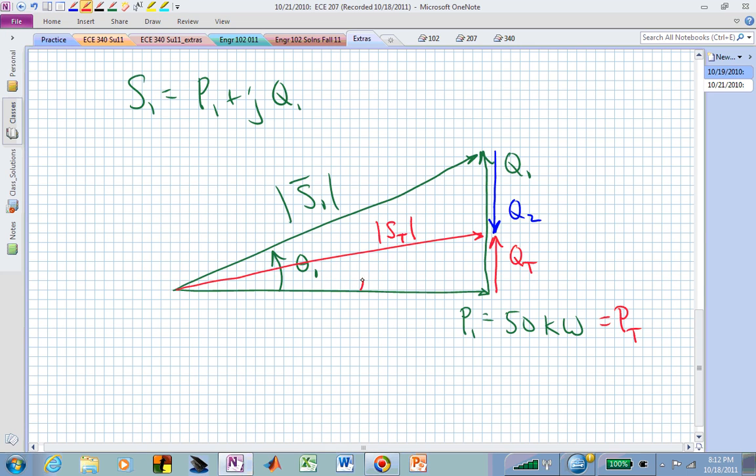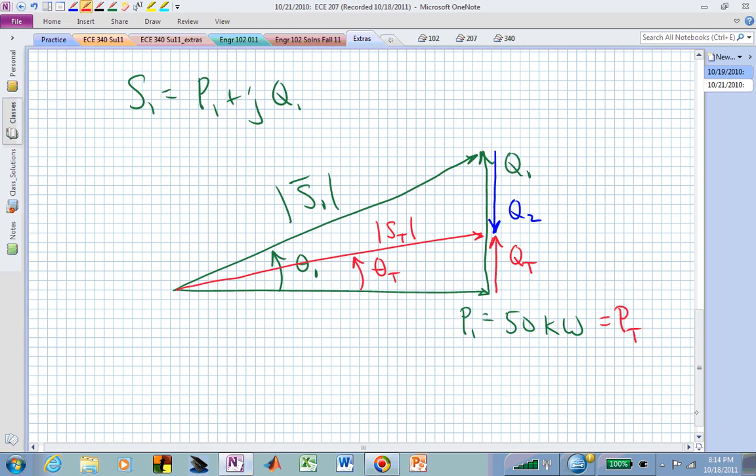What we've been told indirectly by the power factor total, we've been told theta sub t. This is now the picture that we can keep in mind as we work through this problem.